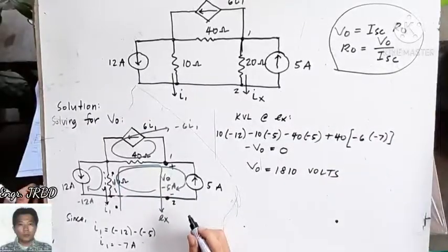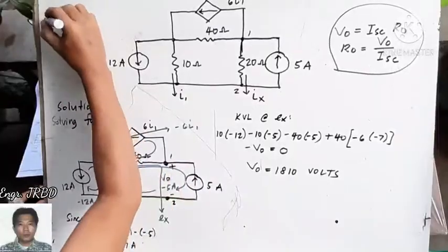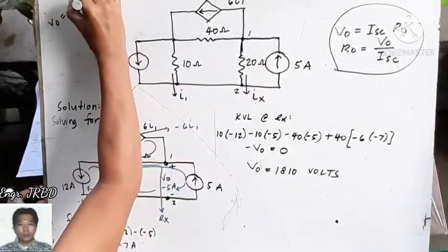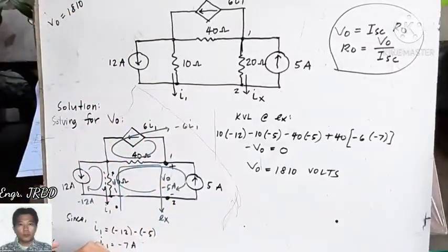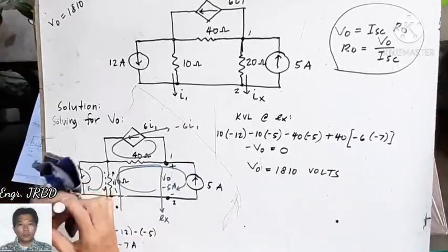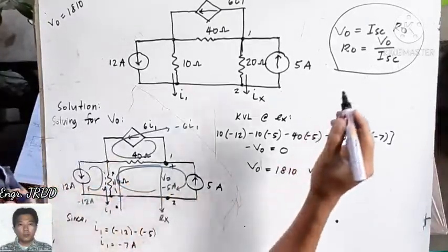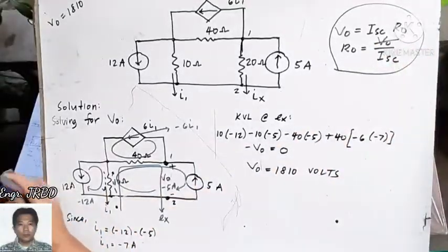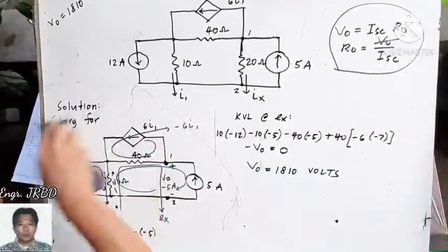That is V sub O. So let us write it here: V sub O is 1,810 volts. Questions? Okay? We are already through in finding V sub O. Next is the short circuit current.